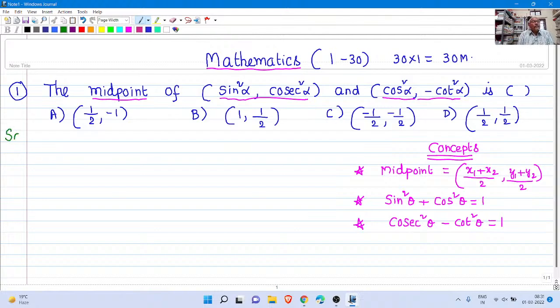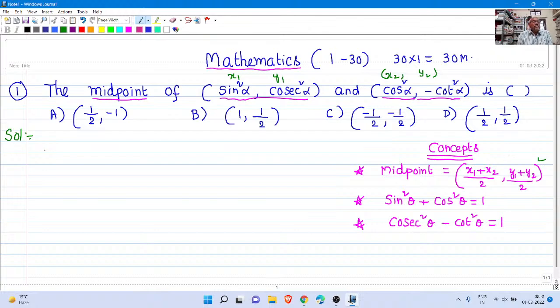Solution. Just label it: this is x1, this is y1, this is x2 and y2. The midpoint of the line segment joining the points x1 comma y1 and x2 comma y2 is given by this formula.